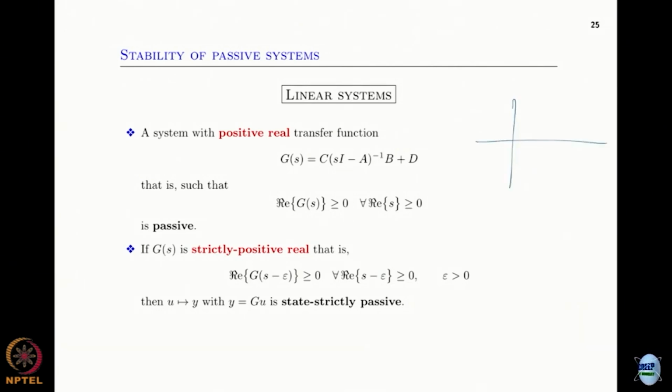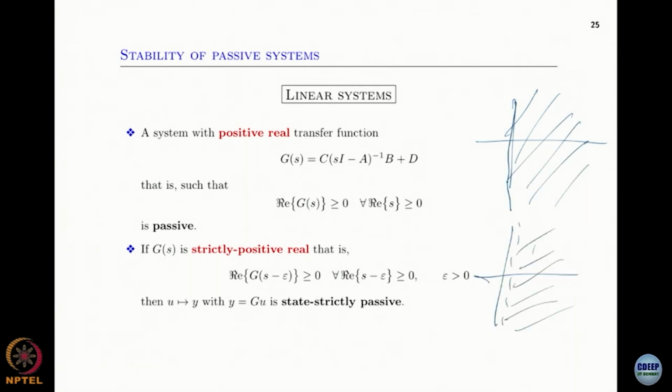In the first case, you are asking that the Nyquist be here, and in the other case, you are asking that the Nyquist be strictly separated from the vertical axis, and we call it strictly positive real. Now, strict positive realness is a very strong property for a system to have.